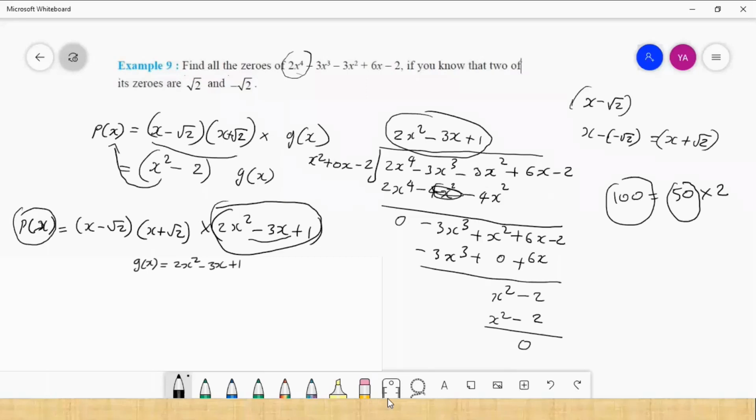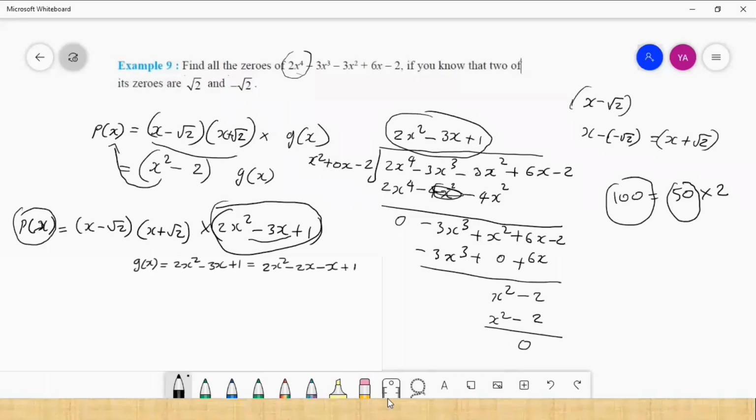So to find the zeros of this second degree polynomial, we can split the middle term like this: 2x square minus 2x minus x, so that their product, minus 2x into minus x, we will get the product of the constant term into x square term, right? And the sum of the new terms, minus 2x and minus x, will be same as the minus 3x, the x term. So such a way you want to split the middle term, and the last term here plus 1 is there.